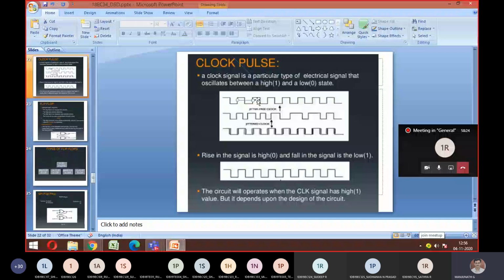Is it fine, everyone? Am I clear? The time required to complete one cycle is called the clock period, and it extends from here to here.